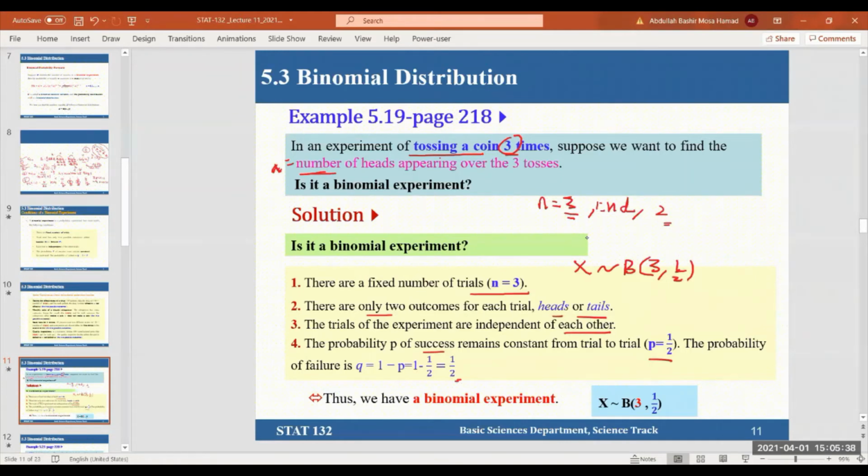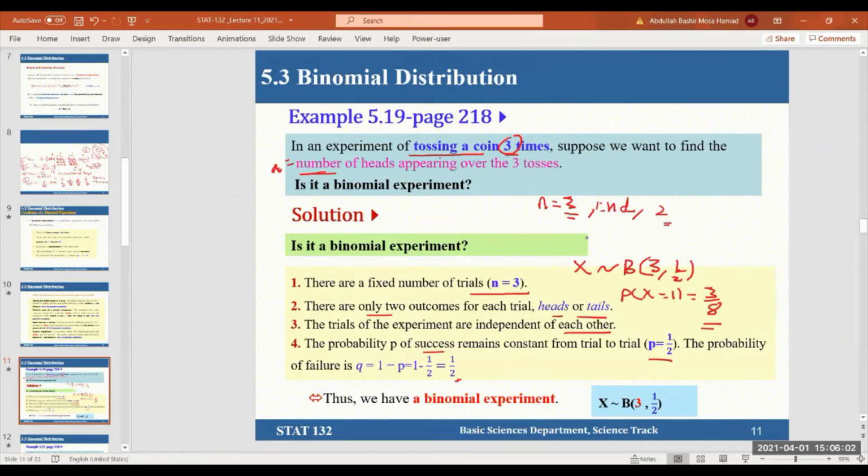So if we know n and we know p, it's easy to find the probability of X. It's easy. For example, let's take it fast. Find the probability of X equal 1. I know it is 3/8.